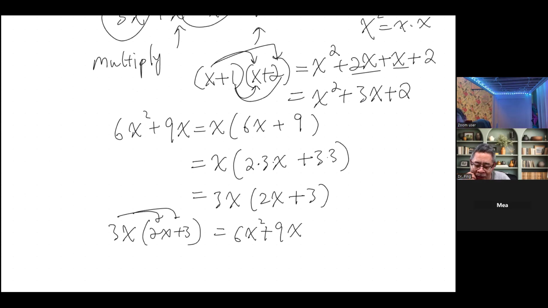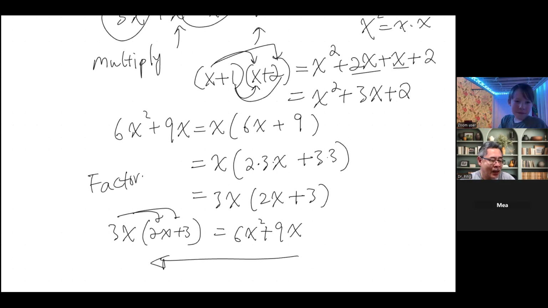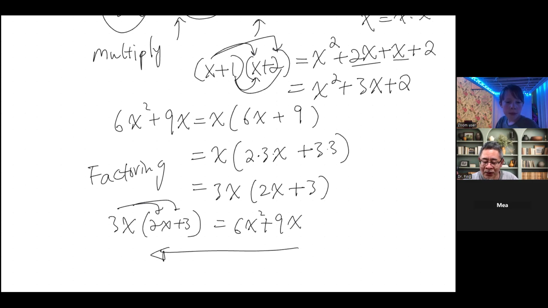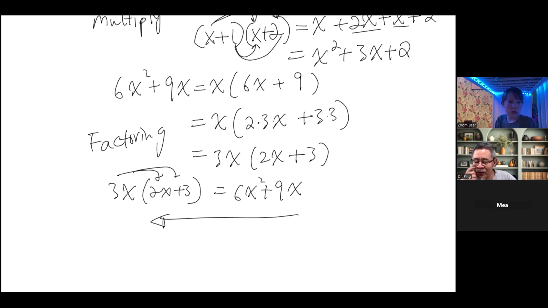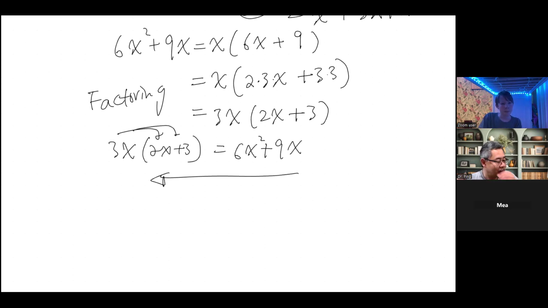And the reverse is called factoring. Okay, that's what factoring is. We just go the reverse way, and it depends on the problems. Sometimes we need to expand, which is using the distributive property, and sometimes we need to group, which is using factoring. Okay, so we have that.